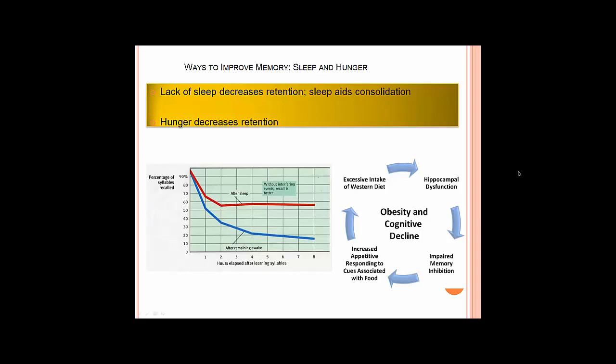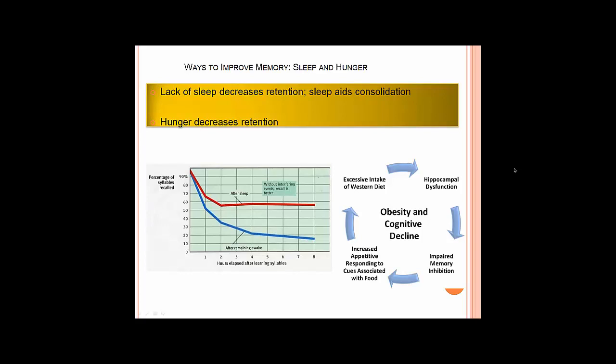So lack of sleep decreases your retention. Taking any kind of substance that will also cause a lack of sleep will also decrease your retention. And being hungry decreases your retention. So don't take an exam unless you're well fed. Certainly not hungry.